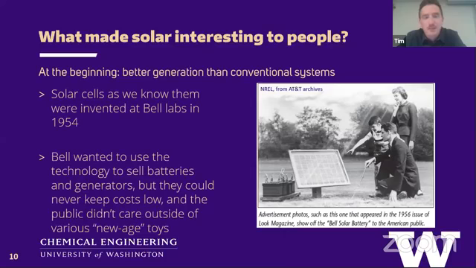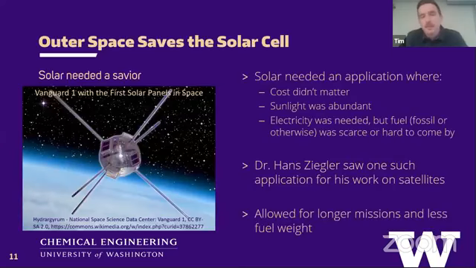trying to make it take off, until some folks at NASA, that organization you might be familiar with, heard about solar technology and solar electricity generation sources. And it turns out that solar was perfect for these new satellites they were hoping to launch as part of the space race.